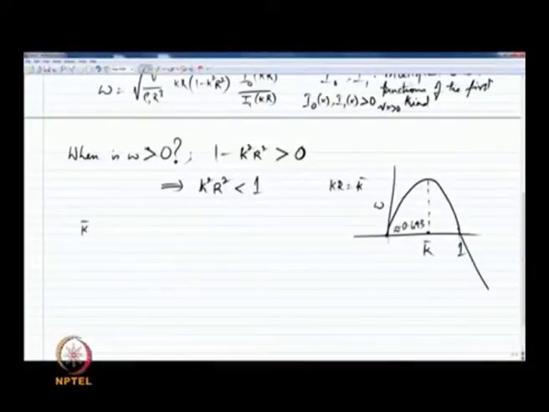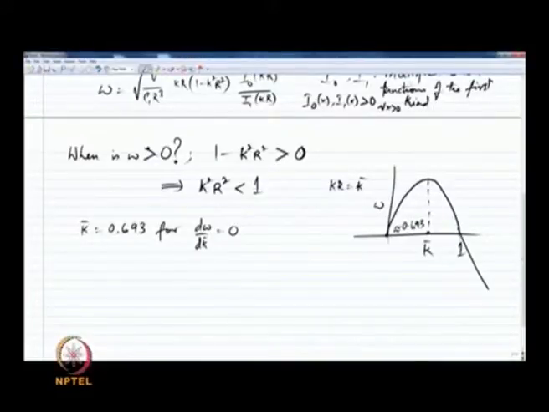So, k bar equal to 0.693 for d omega d k bar equal to 0. K has units of 1 over length, k bar is dimensionless.